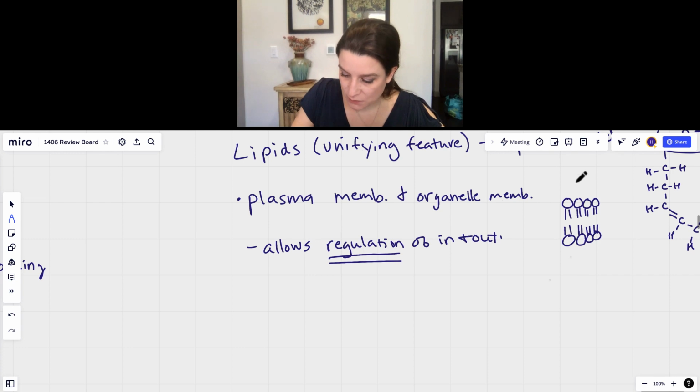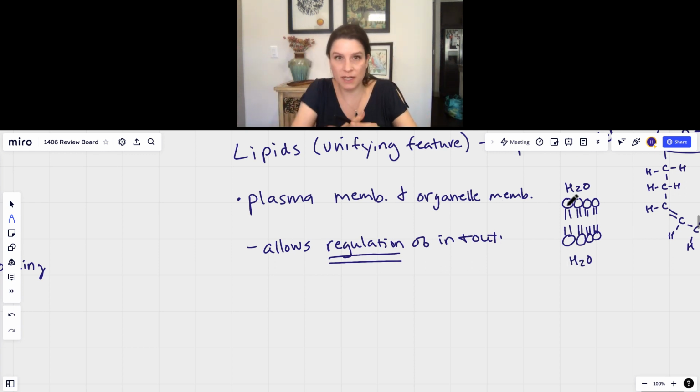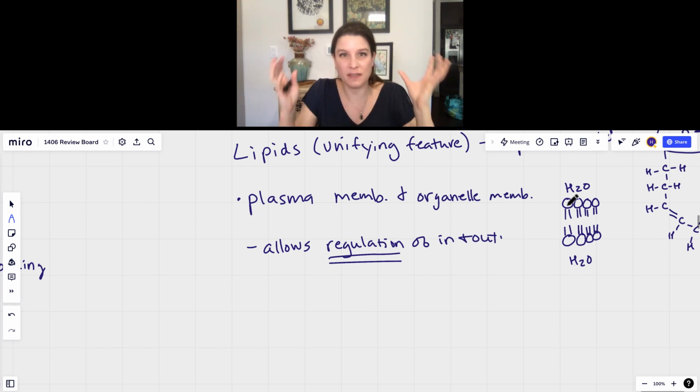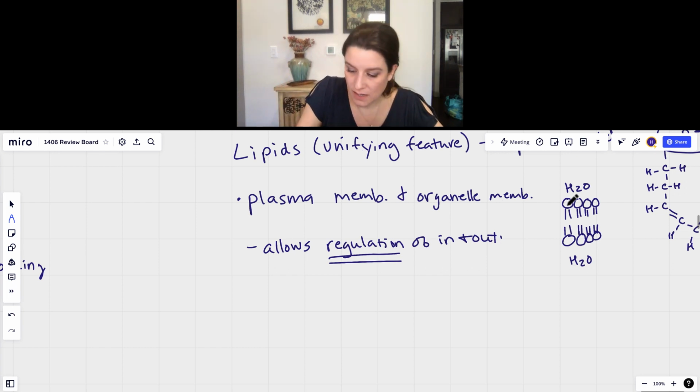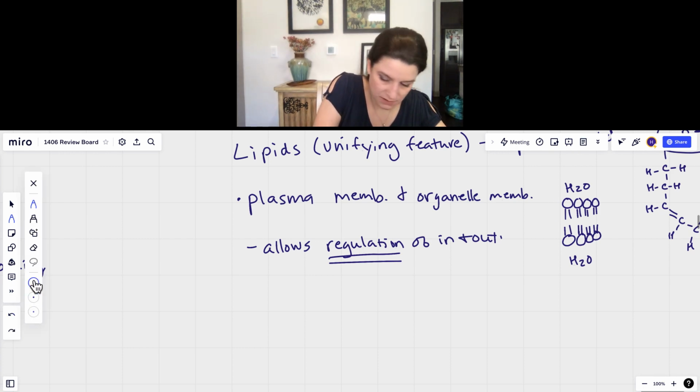So we've got this to where the water is on the outside and the inside of the cell. So the cytosol on the inside, the extracellular fluid on the outside. This is all three-dimensional. I'm just drawing a cut through of it. But it's like an actual sphere where the cytosol is the inside of the sphere, like a water balloon, and then the water on the outside. But we've got these tails in here, and that's the key. The tails create this hydrophobic core.